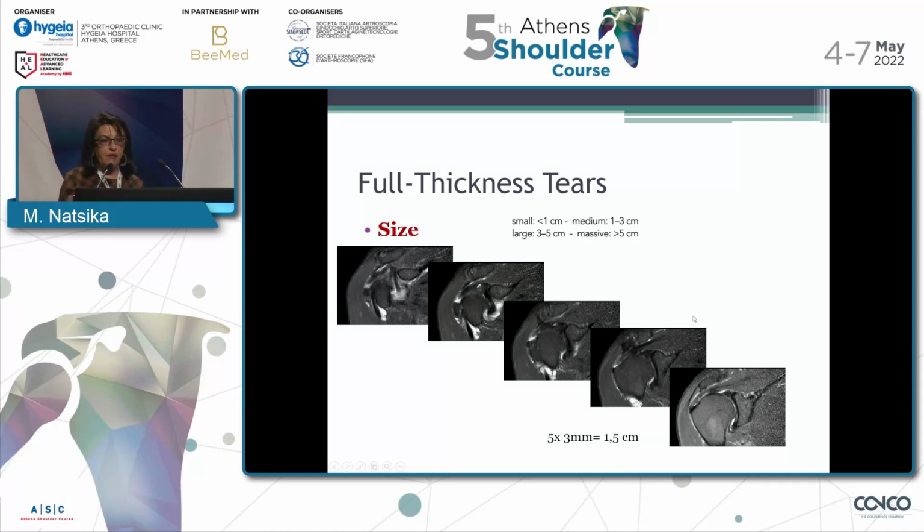So with the full thickness tears, we can see the sequential images. Here we have 5 sequential images on the coronal plane, and all the planes have a thickness of 3 millimeters, so the width of this lesion is 1.5, so it's a medium lesion.